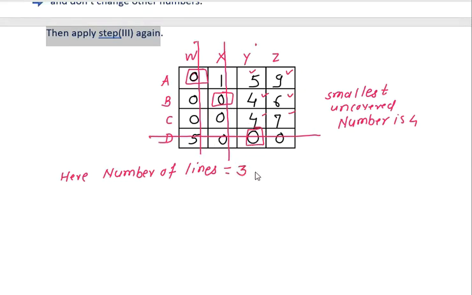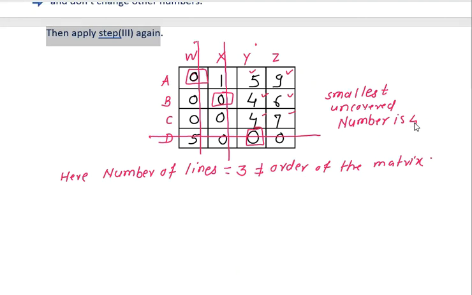Total lines are 3, which cover all the zeros, and the number of lines is not equal to the order of the matrix, which is 4. Order of the cost matrix is 4. So this is not the optimum solution. So we have to apply step number 4.